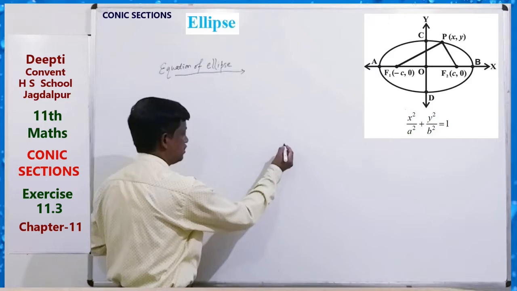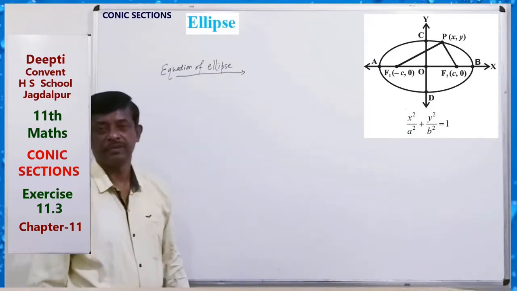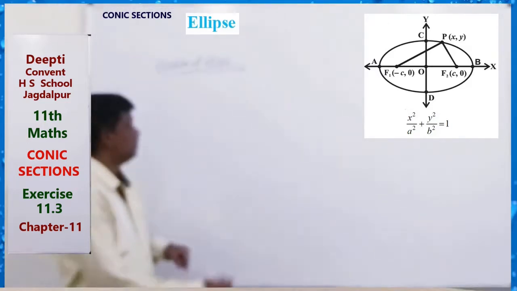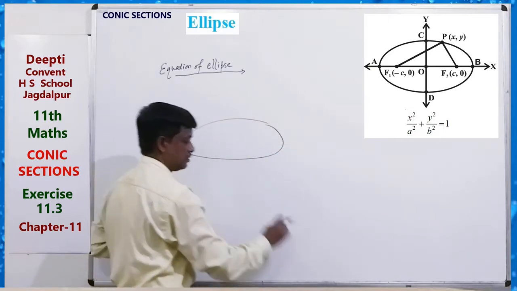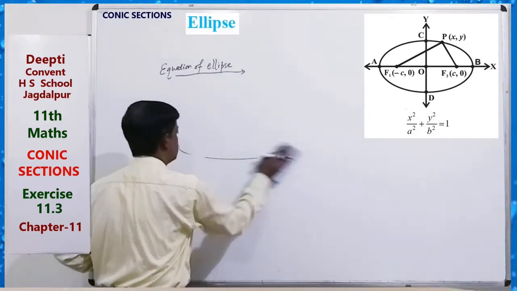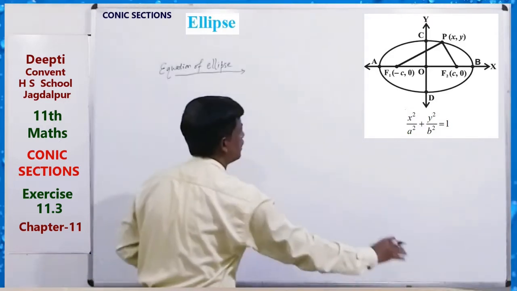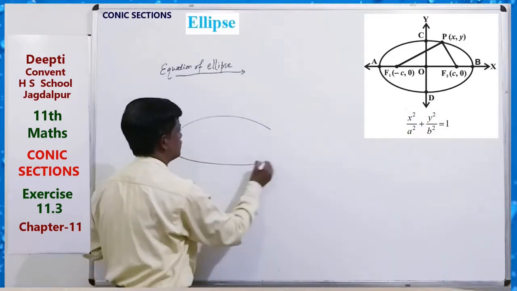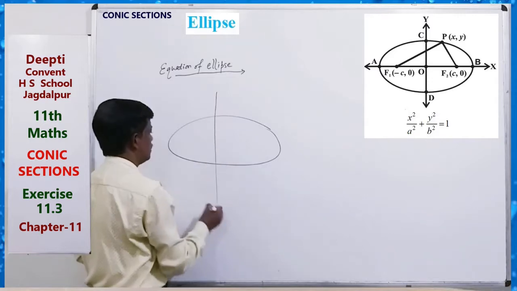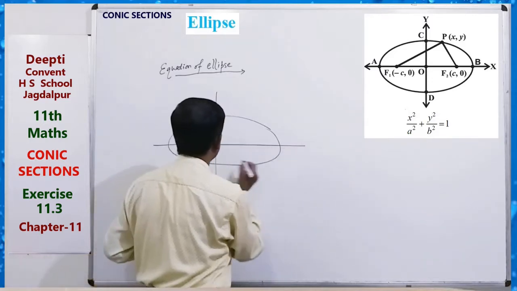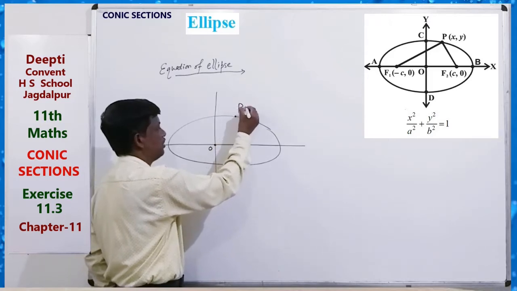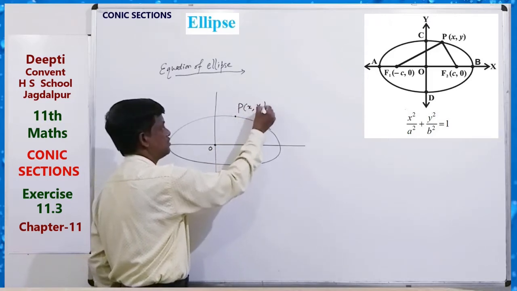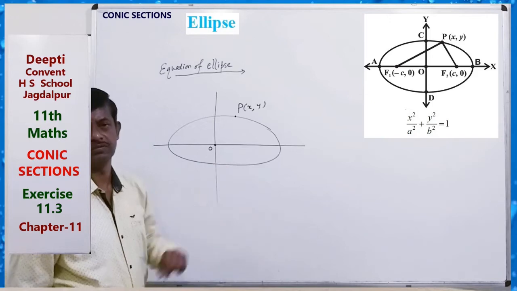Suppose this is our ellipse. Also you can see the diagram. Just in the diagram, it is also clear that suppose this is our ellipse, horizontal ellipse. This is center O. Suppose there is an arbitrary point P on the ellipse.